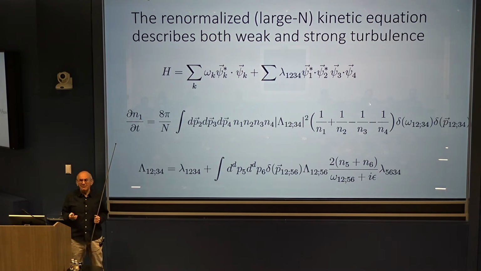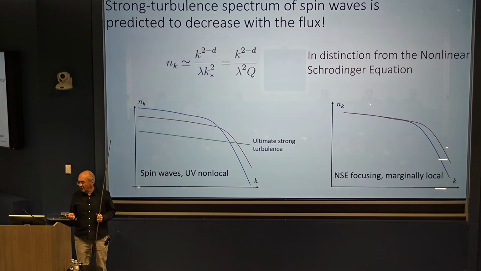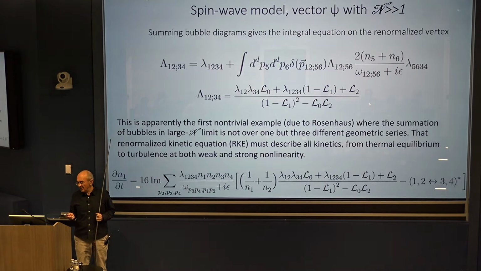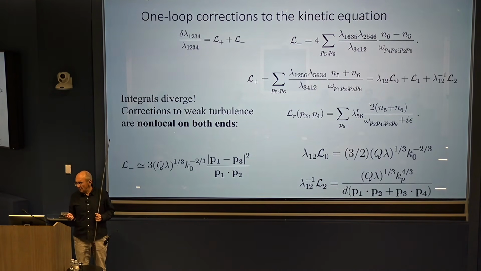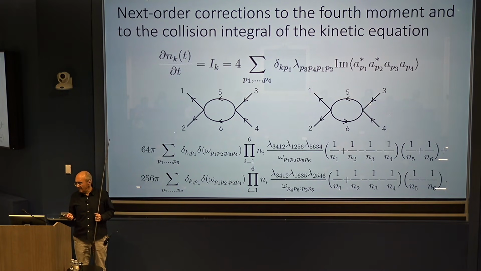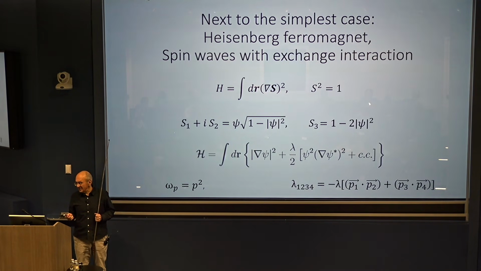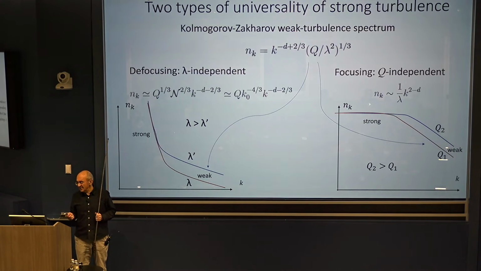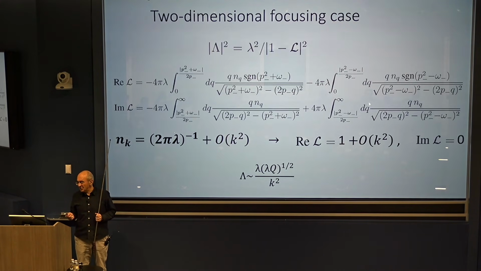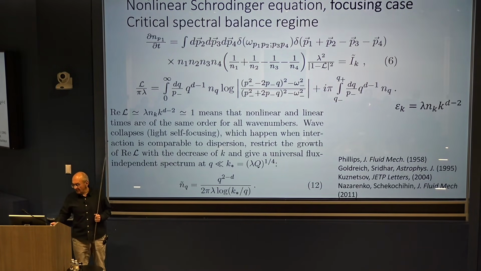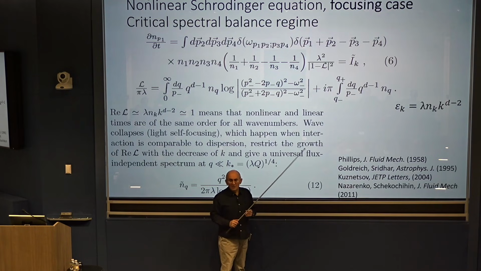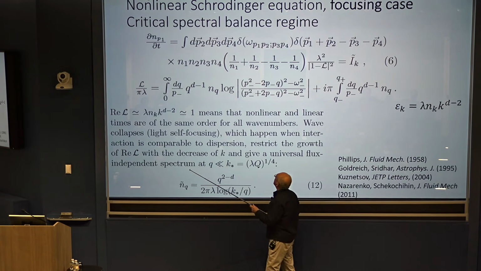But this may be one of the selling points. So let me be a marketing agent of myself, or of this equation. Why do I want mathematicians to pay attention to it? It may have very bizarre and interesting properties, particularly for Schrödinger: it may have a very strange type of finite time singularity, which I've never seen. This is the focusing case only, and that's what we are working on now.